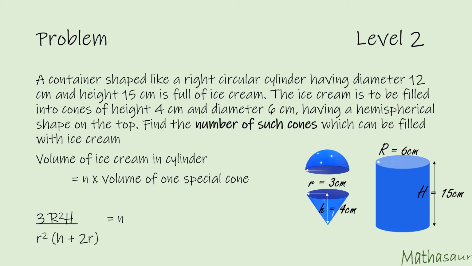Let us cross multiply and substitute the values. We find that n is equal to 18, so we can fill 18 such special cones with ice cream.